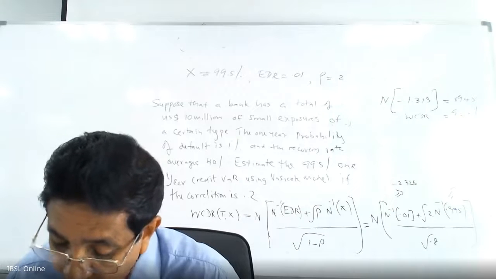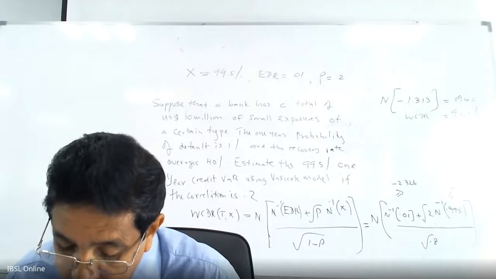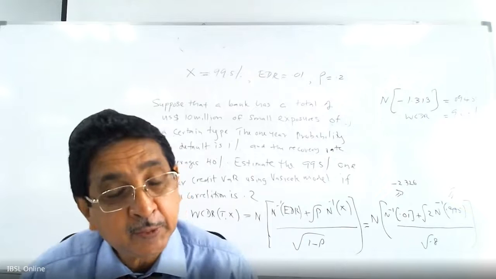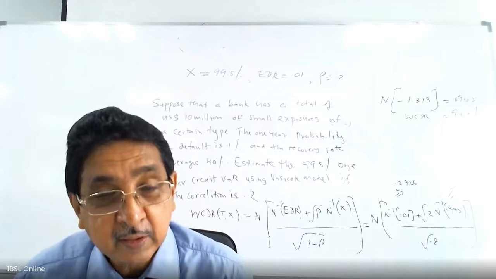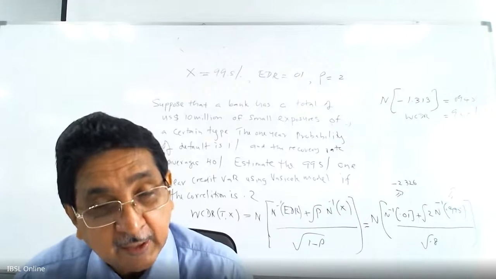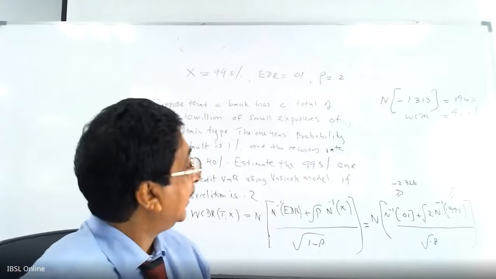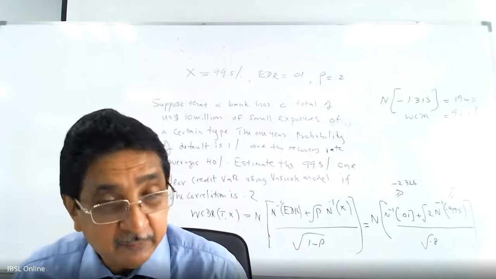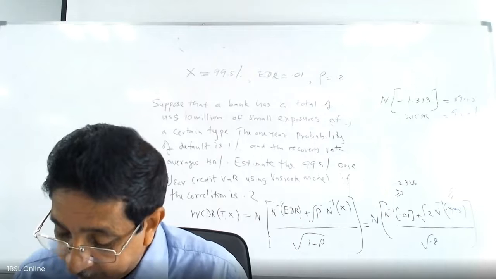Now with the probability of default, you are in a position to calculate, because the total exposure is 10 million. That 10 million is the exposure at default, and it has to be multiplied with 9.45% and the LGD. Since it is for 1 year, you can just have it that way.